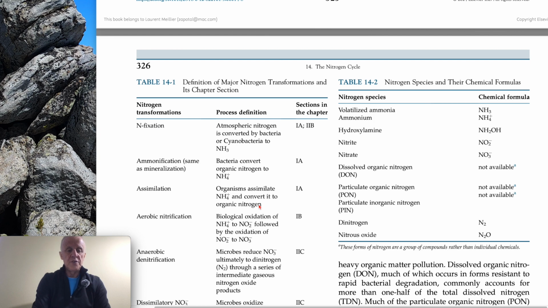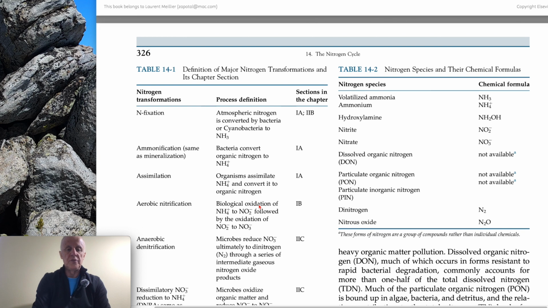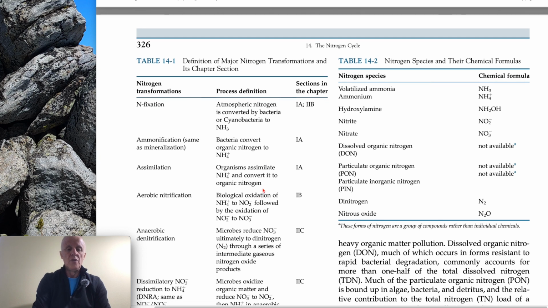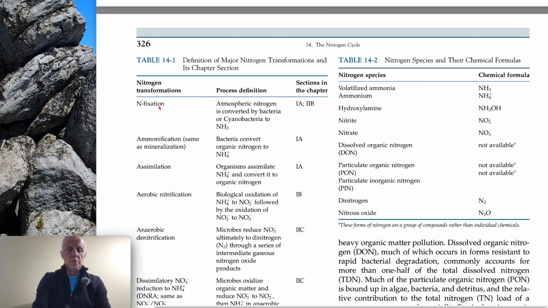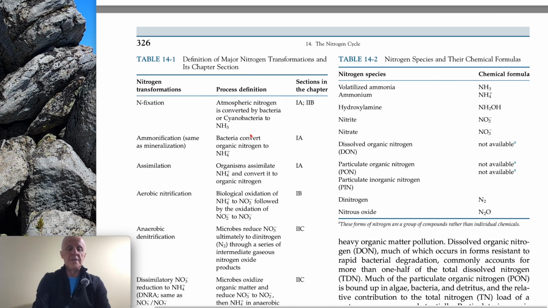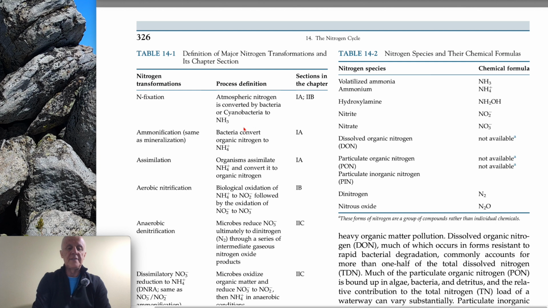Table 14-1. Definition of major nitrogen transformations and its chapter section. So we won't go into the chapter section, you can review that yourself. So we have nitrogen transformation, nitrogen fixation, atmospheric process definition. So atmospheric nitrogen is converted by bacteria or cyanobacteria to ammonia.